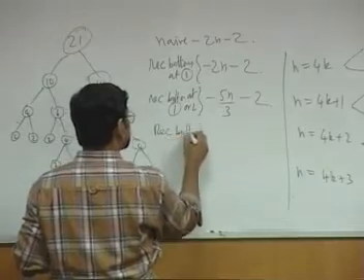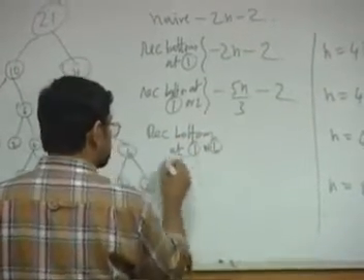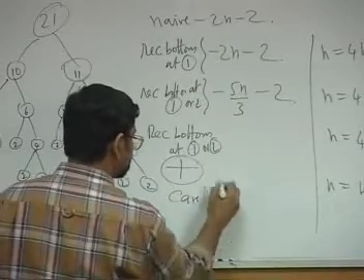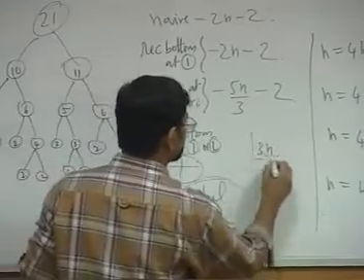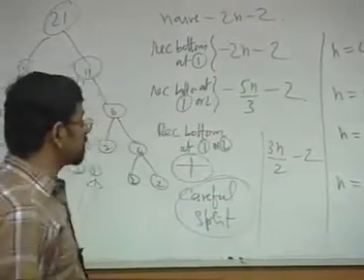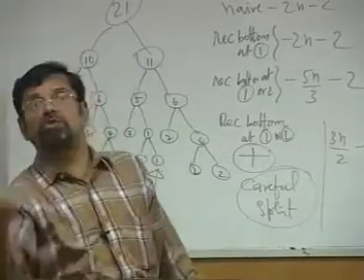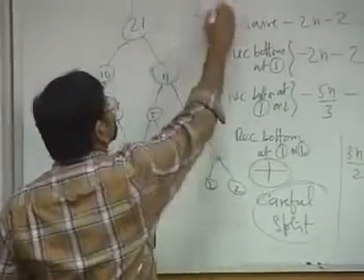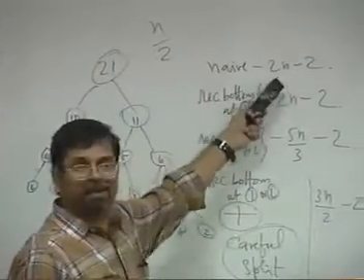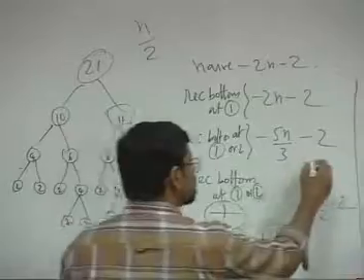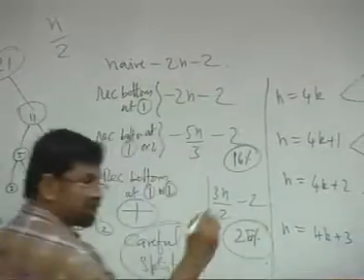Recursion bottoming at 1 or 2 and careful split gives you 3n by 2 minus 2. From 2n to 3n by 2 minus 2, how much have you saved? You have saved n by 2. There is a reduction of n by 2 here. But what is n by 2 relative to this quantity? 25%. So this is a 16% reduction, and here a 25% reduction.